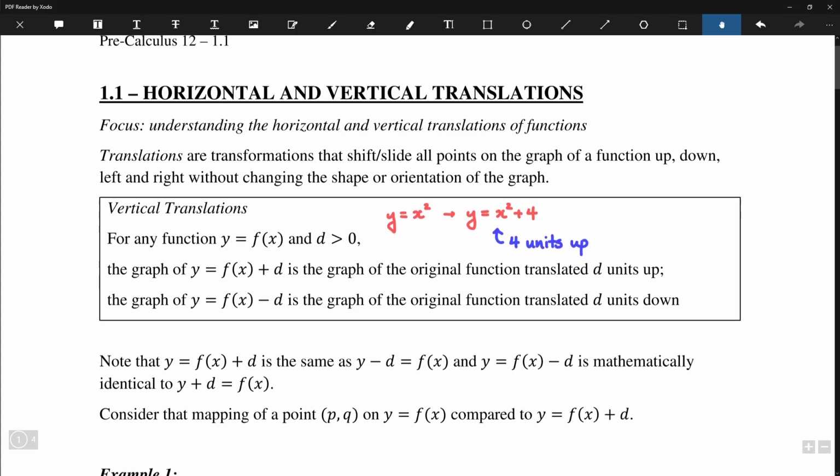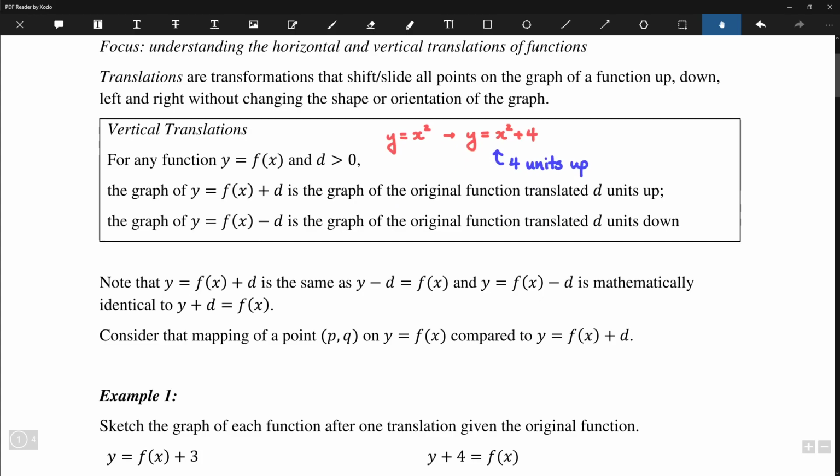A second piece of this is to notice that if we begin with y equals x squared plus 4, that is the same as y minus 4 equals x squared. Just going to write that out.